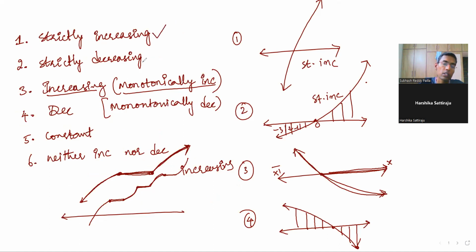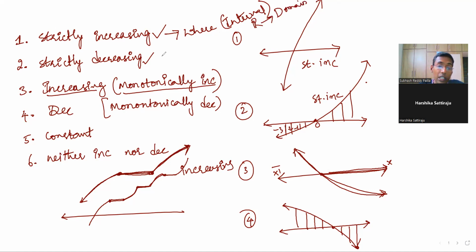Strictly increasing, strictly decreasing. Always ask, strictly increasing where? Which domain or which interval? For all real numbers, that means the whole domain, or any interval.